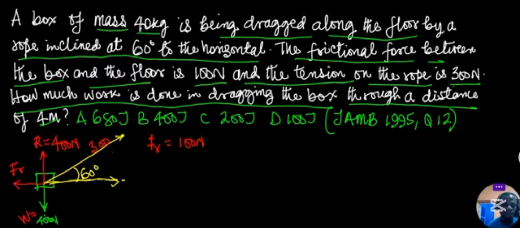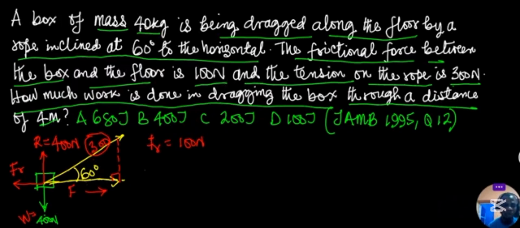The component of the tension force that must cause the body to move in this direction is found by finding the component of this force acting horizontally. You can do it by completing a right-angled triangle. Let's call this force F, which is the force causing this body to move this way.